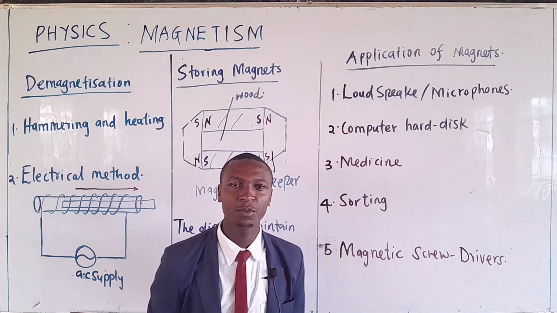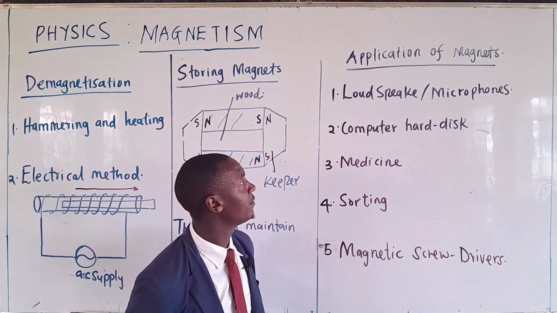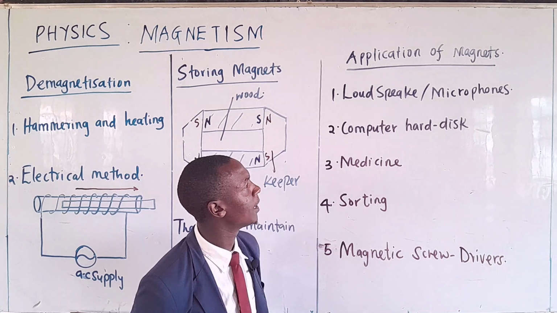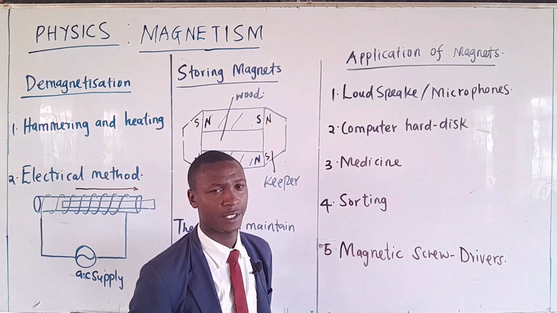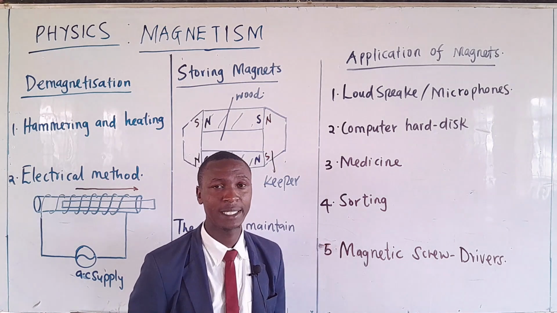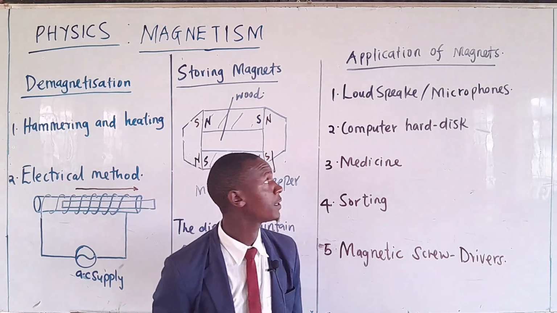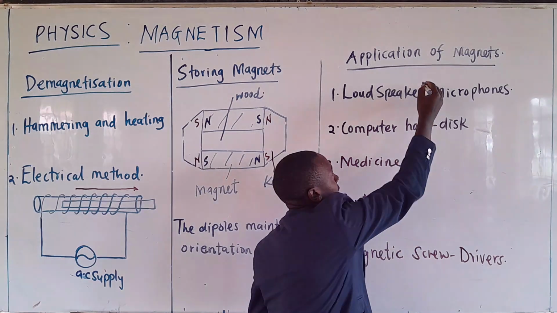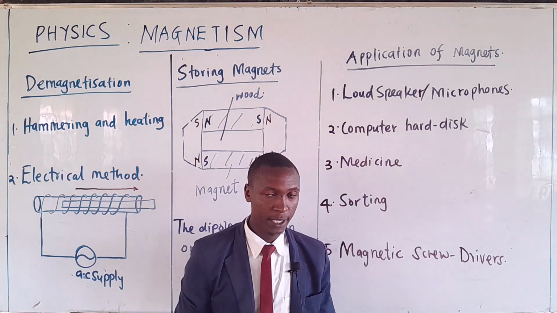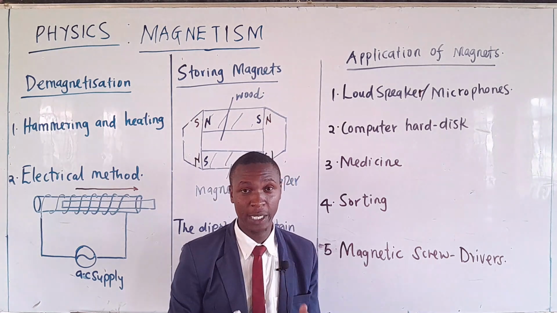Now, we can finish by looking at the applications of magnets. We have loudspeakers and microphones. This is the main application of magnetism. In loudspeakers, we have the magnetic field interacting with the electric field to produce sound.